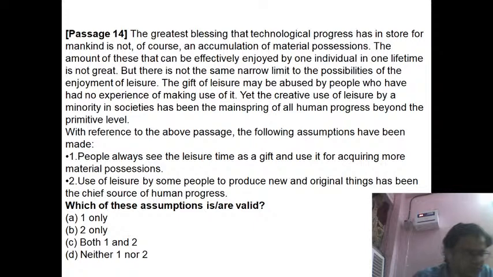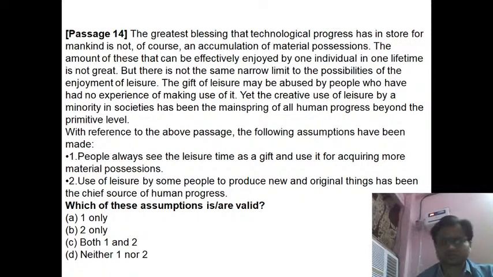So, tell me quickly which is the right assumption according to the passage. Quickly answer the passage. It's quite important to have these answers quickly.